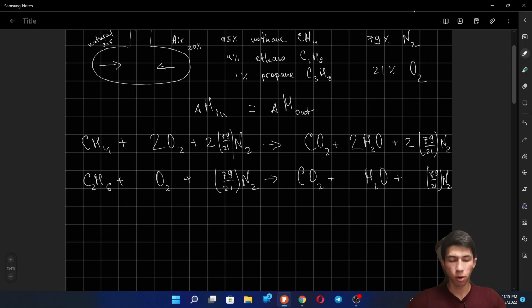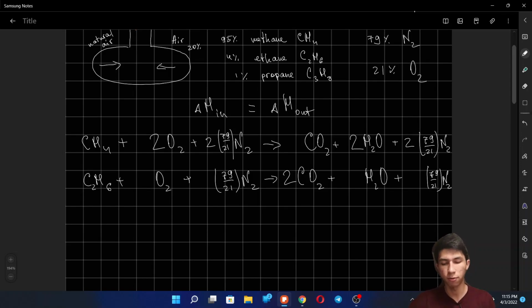To balance this reaction, we have two carbons on the left side, so we put 2 here.